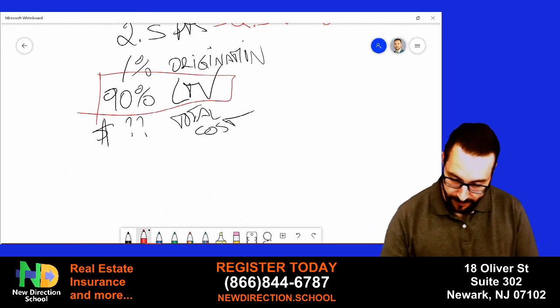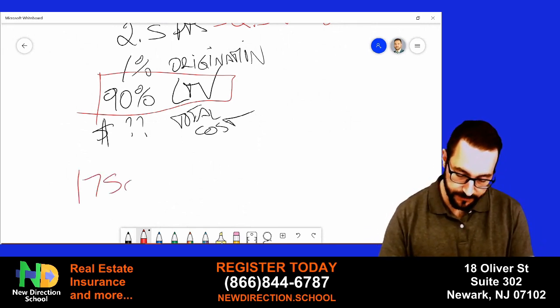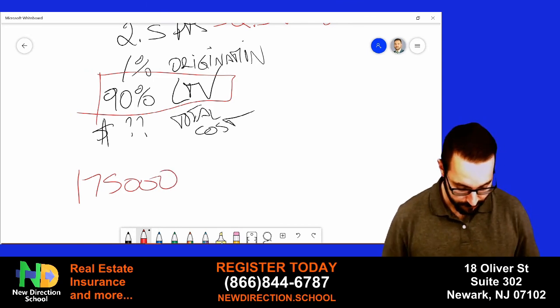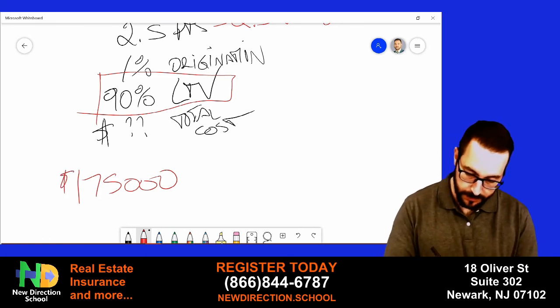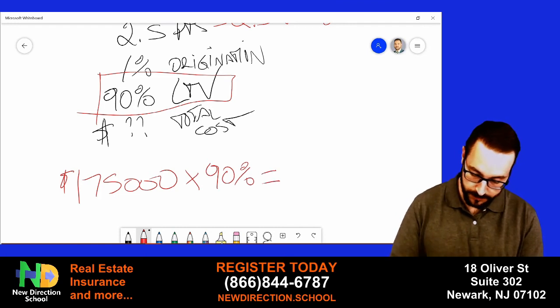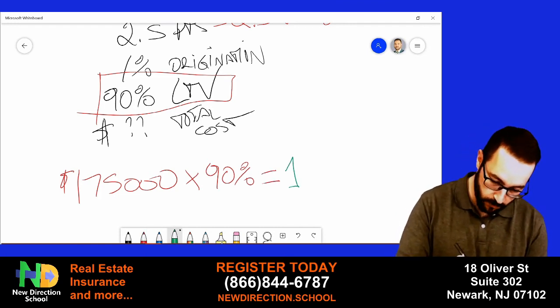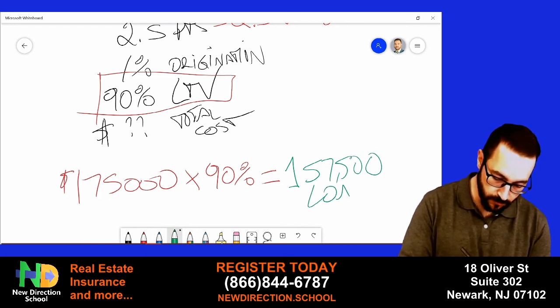So we have 175,000 times 90% equals 157,500 loan.